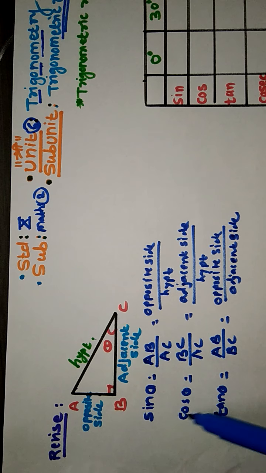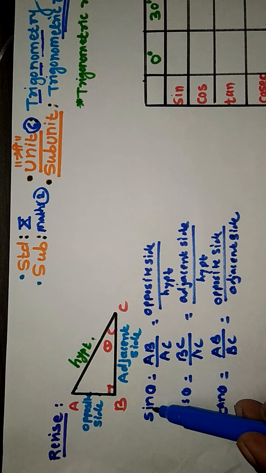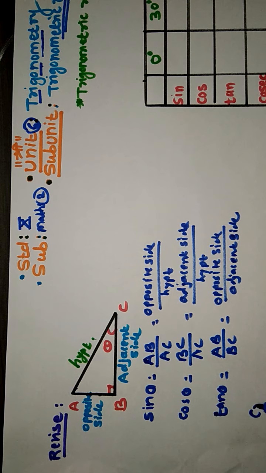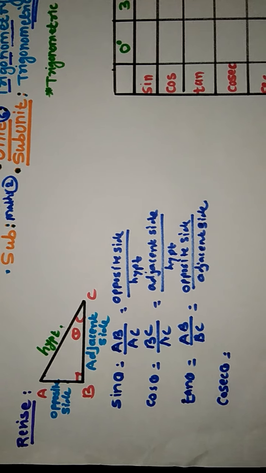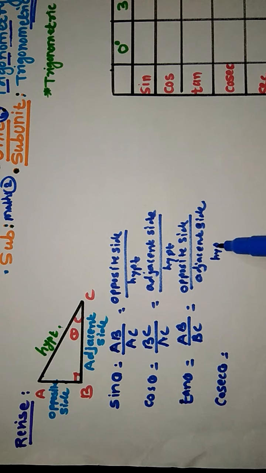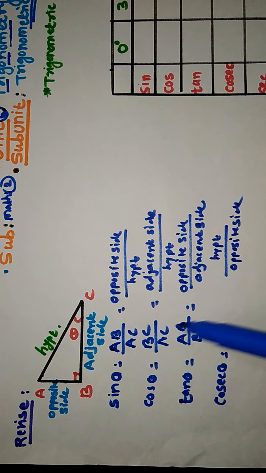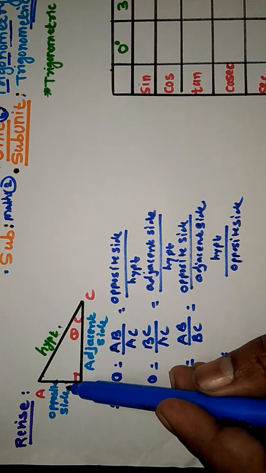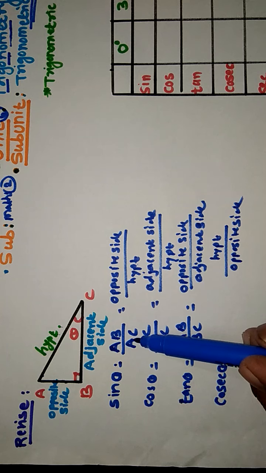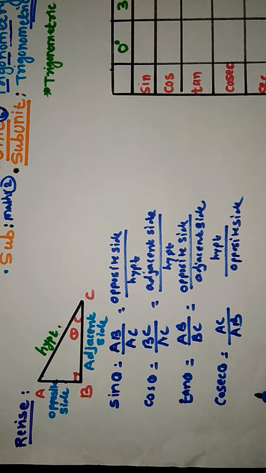Now there are three reciprocals of these: sine, cos and tan. The reciprocal of sine is cosec. Cosec theta is the reciprocal of sine, means hypotenuse upon opposite side, AC upon AB.